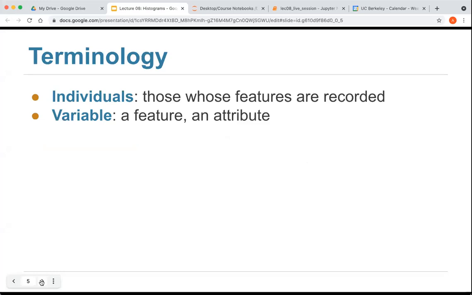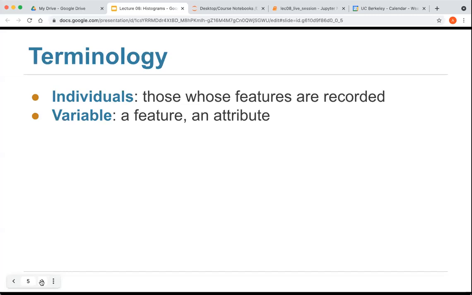So let me just imagine a feature which I think was in your intake survey, which is handedness. Right? So handedness was a feature. It had 3 values: left-handed, right-handed, and ambidextrous, that is using both. The individuals were individual students.